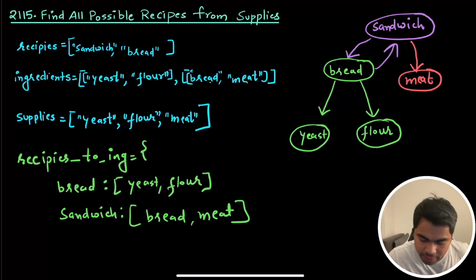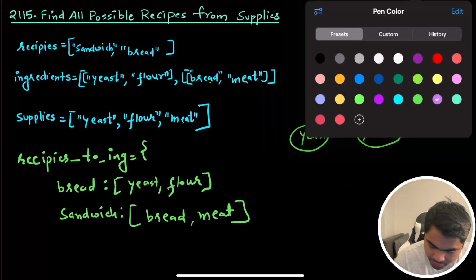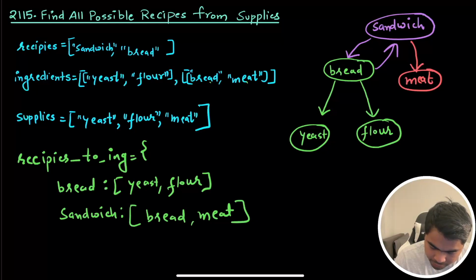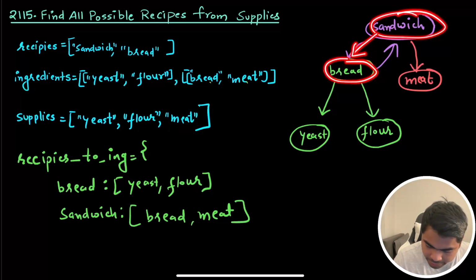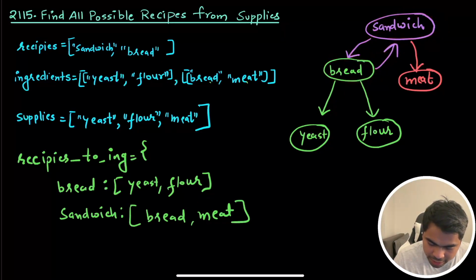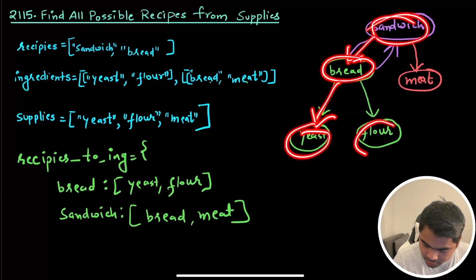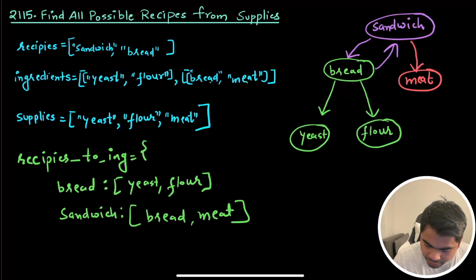If there was a dependency back to sandwich, that means when I was trying to explore sandwich, then I will come to bread. And in case maybe this is the last edge I'm trying to explore, I will basically get true, return from my flour and yeast, and then I will try to explore its last neighbor, which is sandwich.